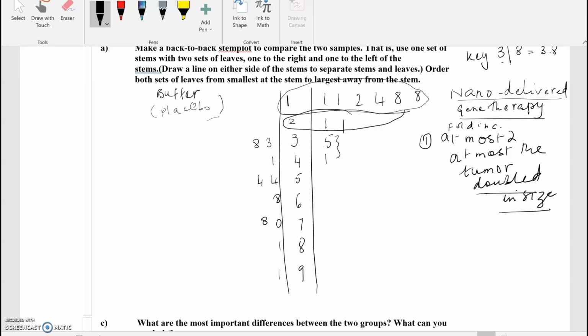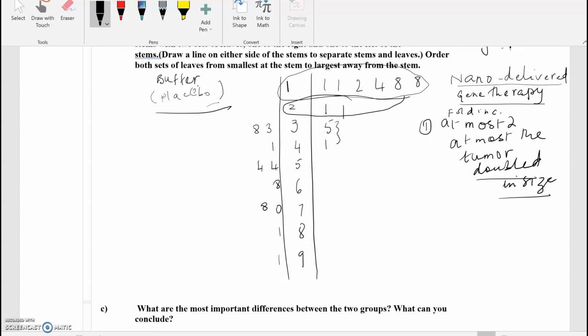That doesn't sound great, but if you compare it to what would have happened if there was no treatment, you can see on the left side, which is your buffer numbers. Look at the numbers that come out of the placebo or the no treatment, basically. Look at all these numbers.